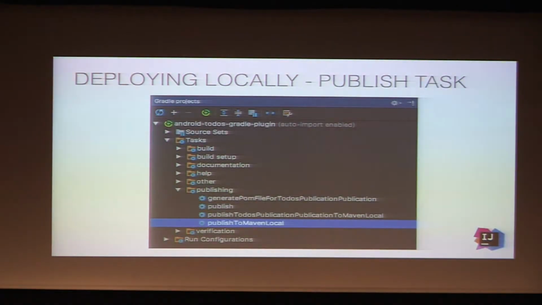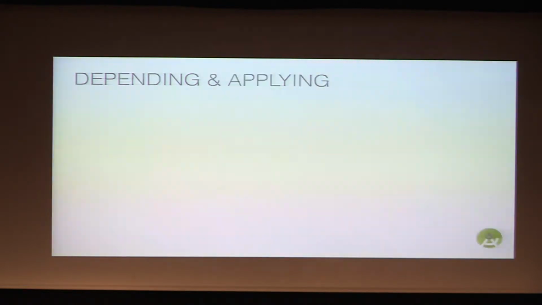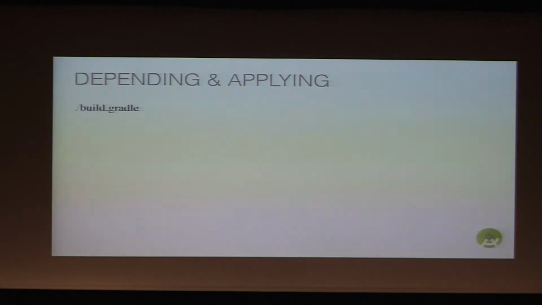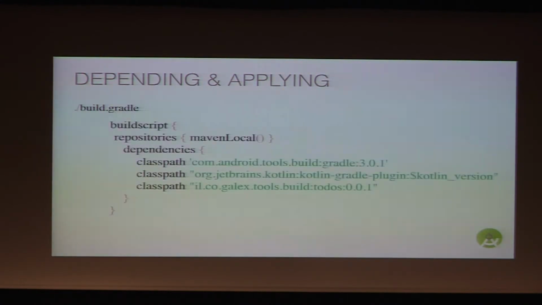And just having those gives us those tasks in our list of tasks in Gradle, and we can, as you can see, publish to Maven local. When we double click on that, it gets pushed to our local Maven, and we can actually switch to our Android app and depend on this new plugin we just published to Maven and apply it.